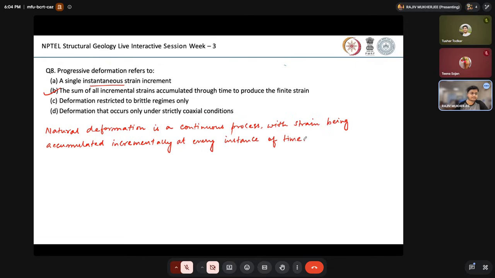Right? These instances, if taken together, will form the progressive deformation.